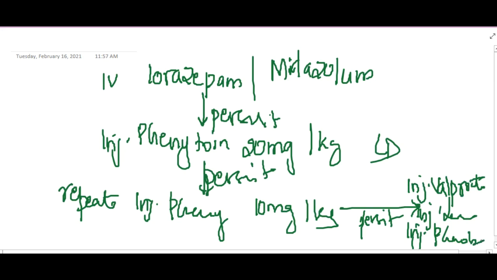So if there is any episode of status epilepticus, that is, the seizure lasting more than 5 minutes, or multiple episodes of seizures without gaining consciousness in between, or a child brought to the medical facility with ongoing seizures, you should start with either IV lorazepam or midazolam. If the seizures are still continuing, we give injection phenytoin 20 milligrams per kg as a loading dose, followed by 10 milligrams per kg.